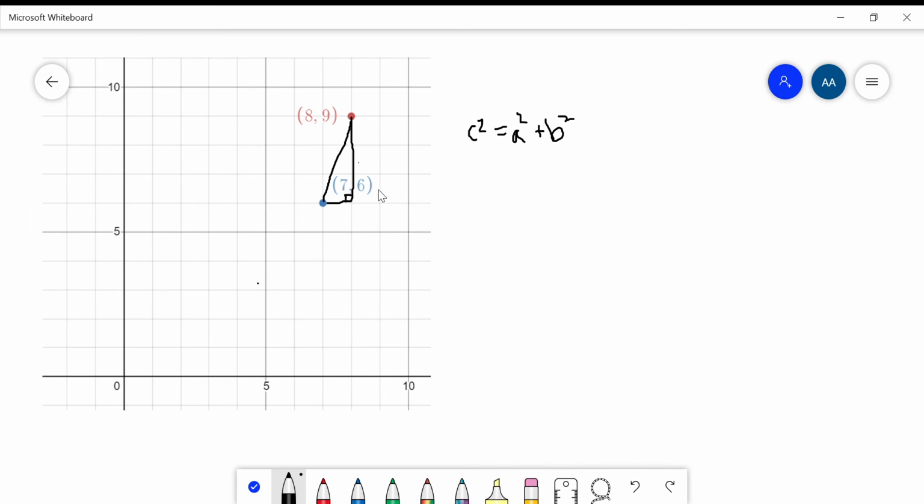So we're trying to find out this side right here. If we knew what this side and this side, what their lengths are, we could solve for the distance.